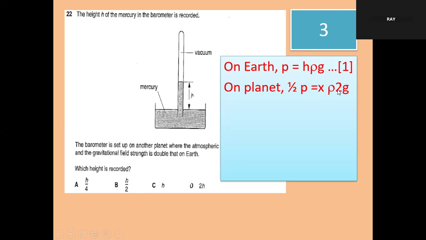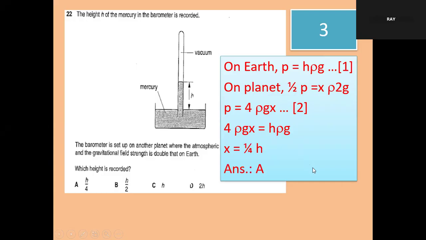Then this is 2g, acceleration due to gravity is twice, double that of the Earth. So simplify that, take the half across, multiply again. For ρgx, these two are the same, so g and ρ can cancel off. So x is a quarter h.